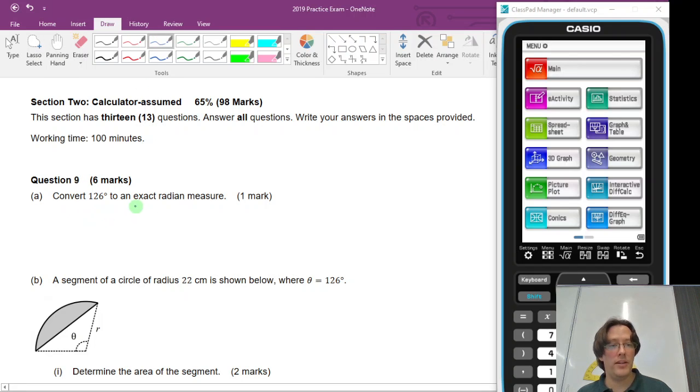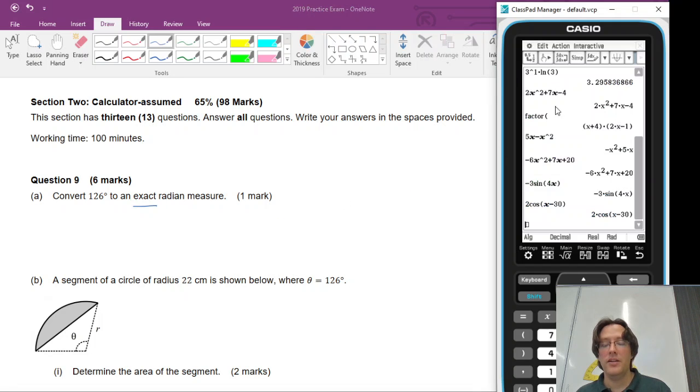Convert 126 degrees to an exact radian measure. Now, always use your calculator when you can, and if we're doing exact, make sure that we're doing it standard instead of decimal. It's always involving 180 and pi. We're going to end up with a smaller number, so we're going to be dividing by 180.